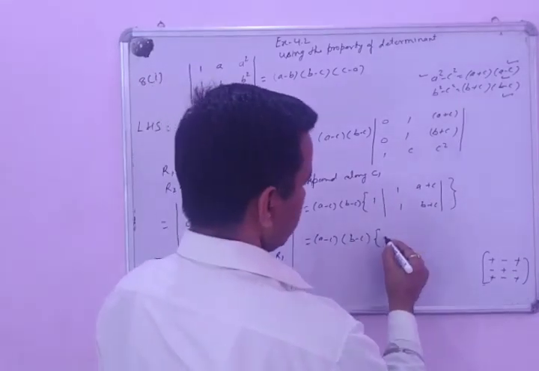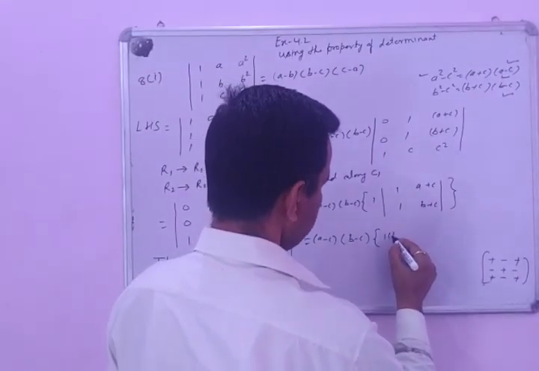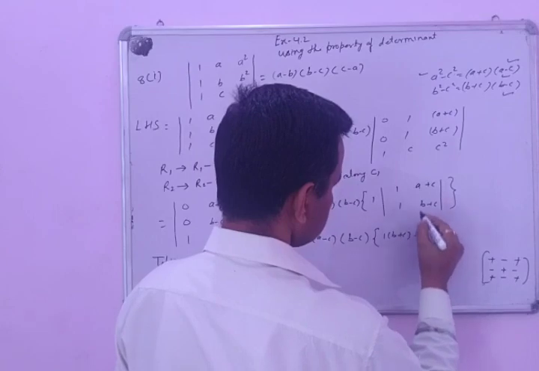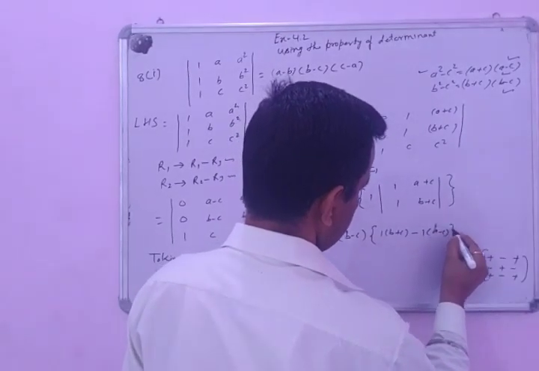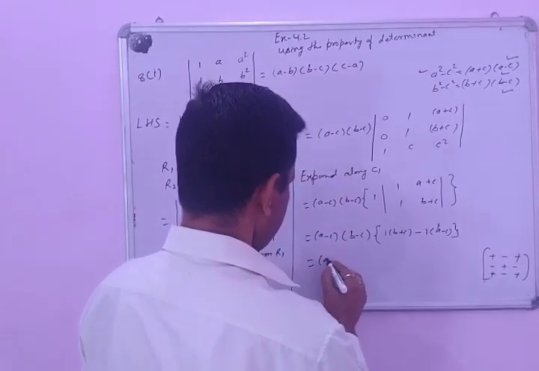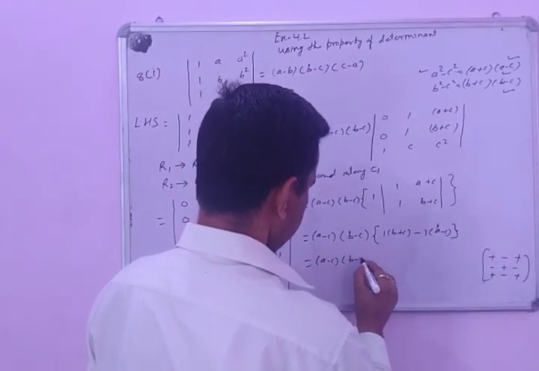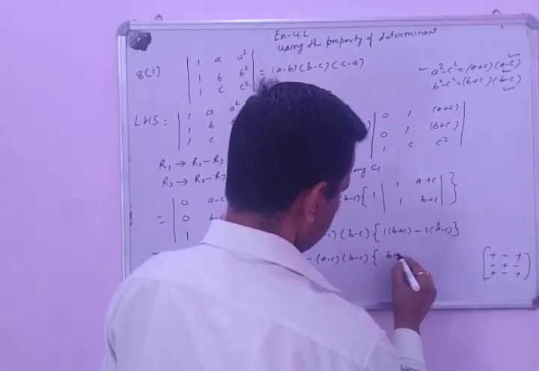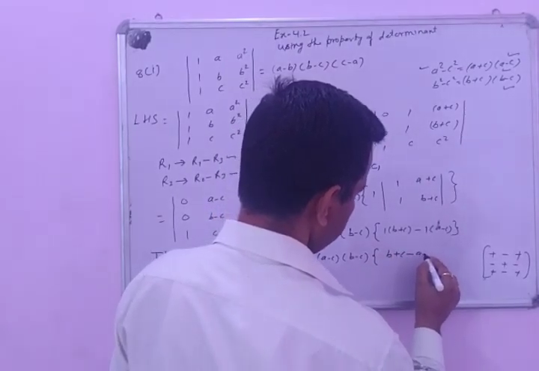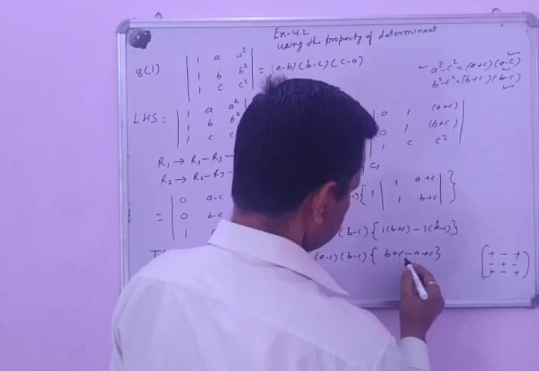Then multiply: 1 into b plus c minus 1 into a plus c, times a minus c and b minus c. What is left here? B plus c minus a plus c.